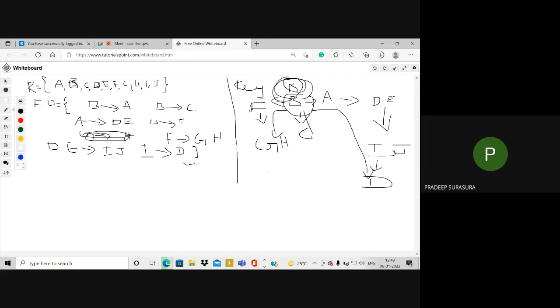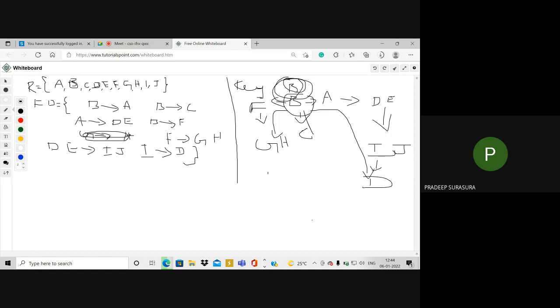Now you see that all the FDs are satisfying second normal form, because B determines A satisfies second normal form, B determines C satisfies second normal form, A determines DE comes in third normal form, B determines F absolutely satisfies second normal form, F determines GH comes in third normal form, DE determines IJ comes in third normal form, and I determines D comes in third normal form. So R also satisfies second normal form.